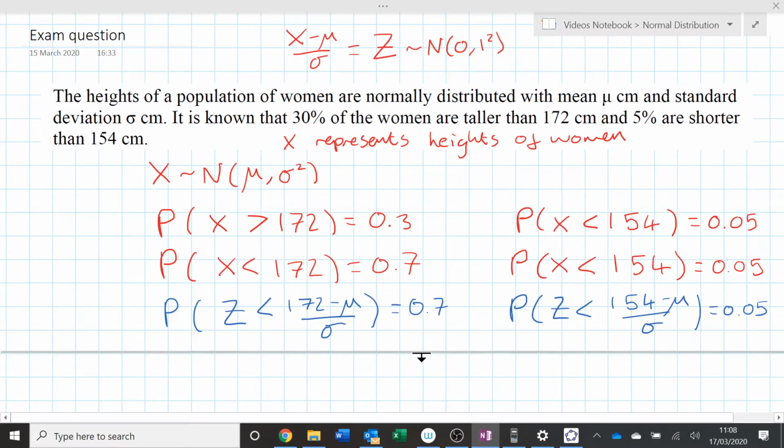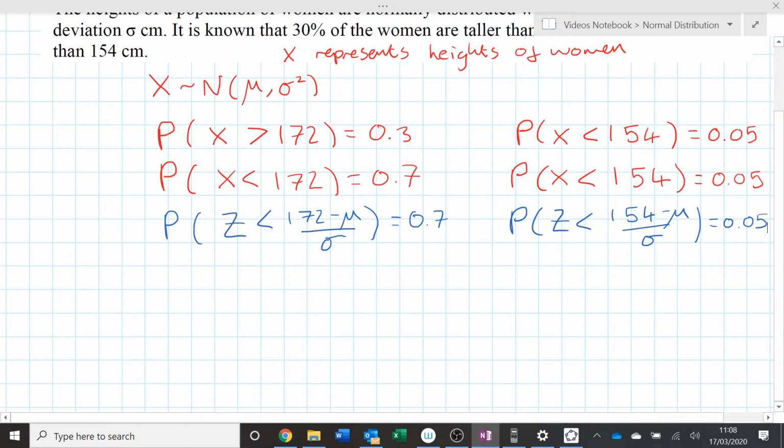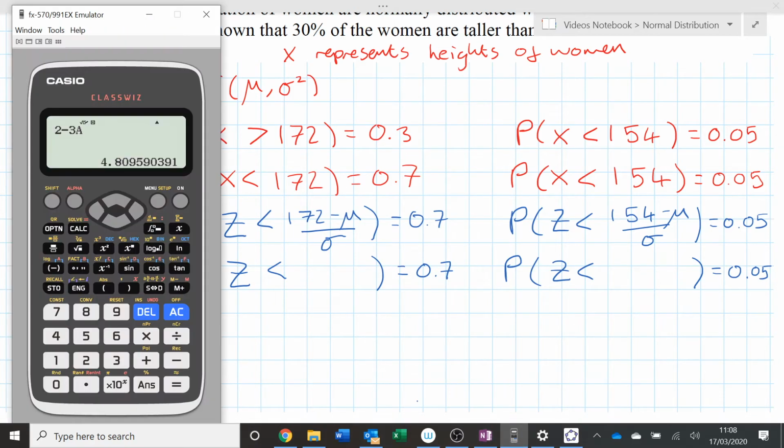So I now need to find my z values that are going to be required for here. 0.7, leave that the same. Here, z is less than something is going to be 0.05. And if I can find this number over here and the other number, then I can make it work.